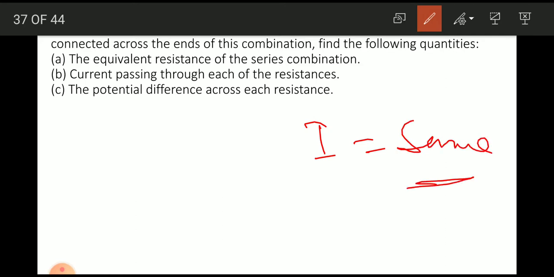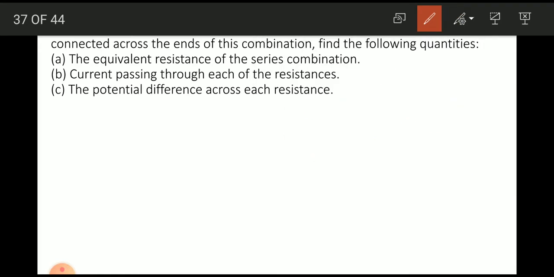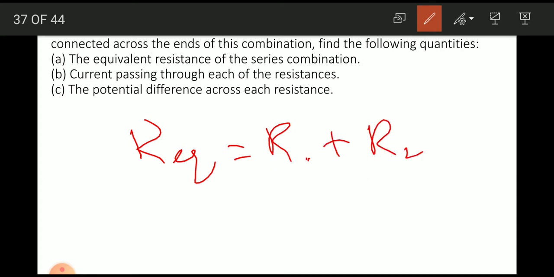So the equivalent resistance of the series combination. First we have to find the equivalent resistance. So just write R equivalent is equal to R1 plus R2. This is the formula to calculate equivalent resistance.